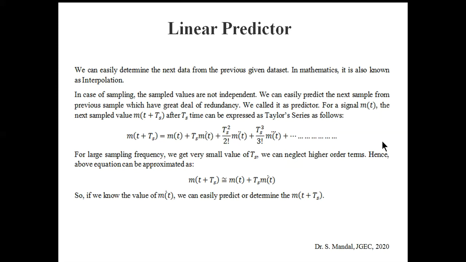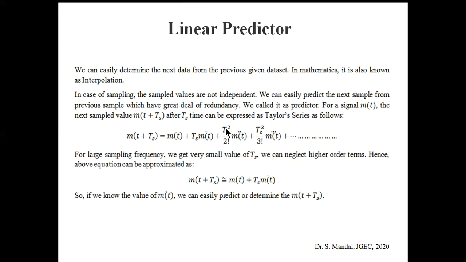up to infinity. Now, if you use a large sampling frequency, that is, if the value of fs is very large, suppose in the range of megahertz, then Ts, which is nothing but 1/fs, will be in the range of 1×10^-6.